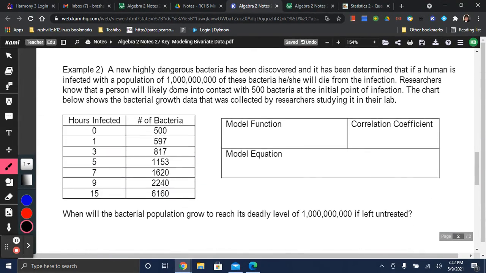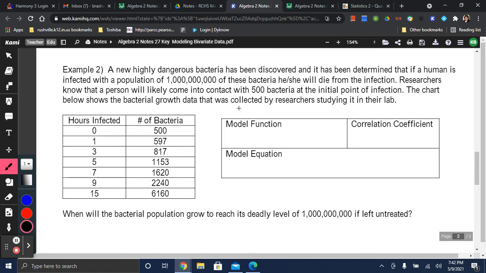All right, and so then our second example is about a bacteria. It's been determined that if a human is infected with a population of 1 billion of these bacteria, he or she would die from the infection. They know that a person will likely come into contact with 500 bacteria at the initial point of infection.